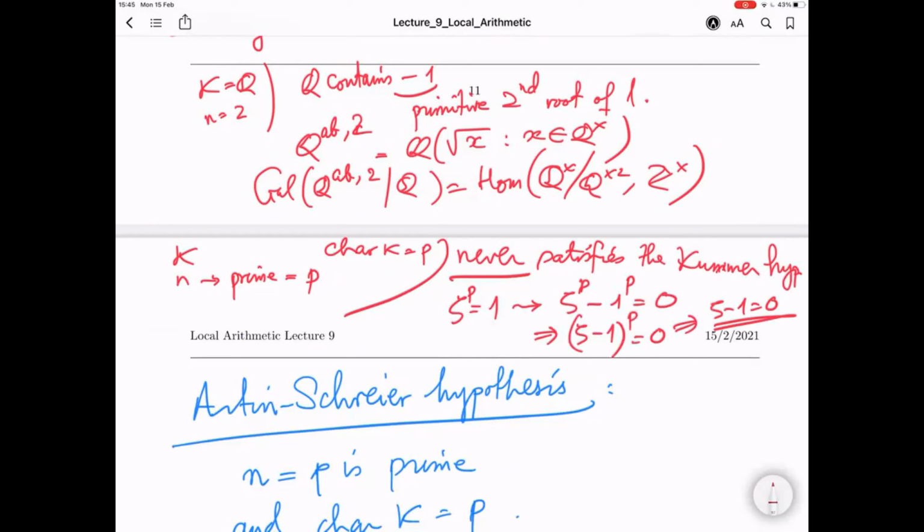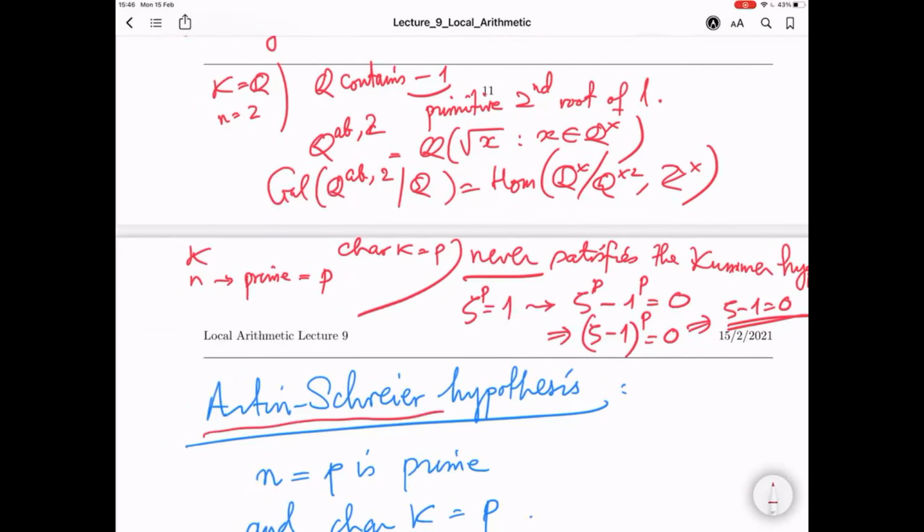So what if you want to determine the maximal abelian extension of exponent p of a field of characteristic p? The answer is, there's a different theory called Artin-Schreier theory, which does precisely this. Okay, so there's Kummer theory, which determines the maximal abelian extension of k of exponent dividing n if k contains a primitive nth root of unity.